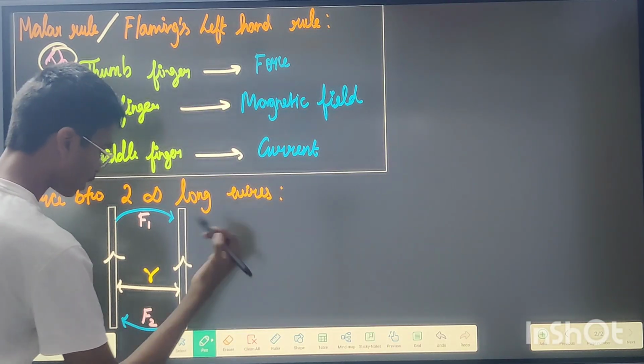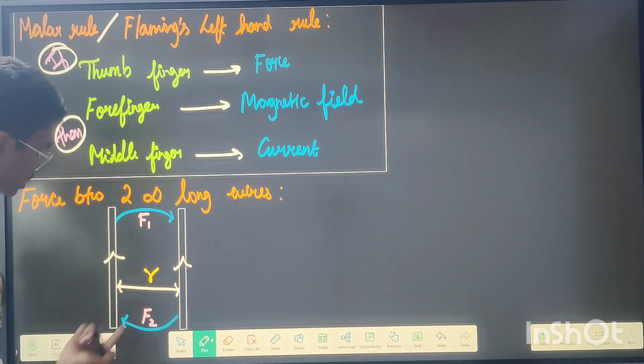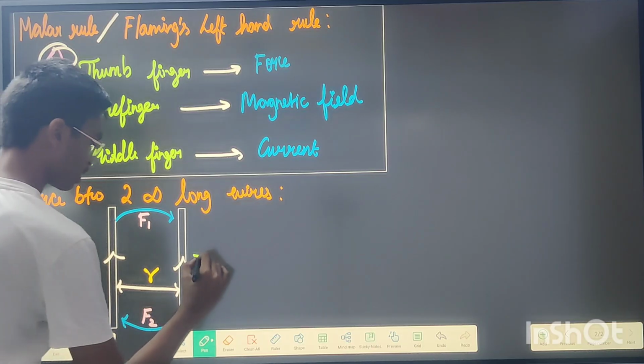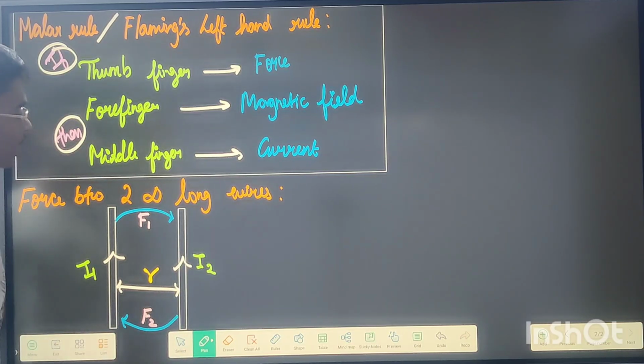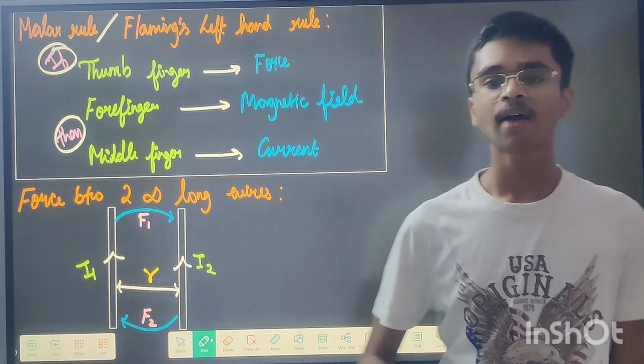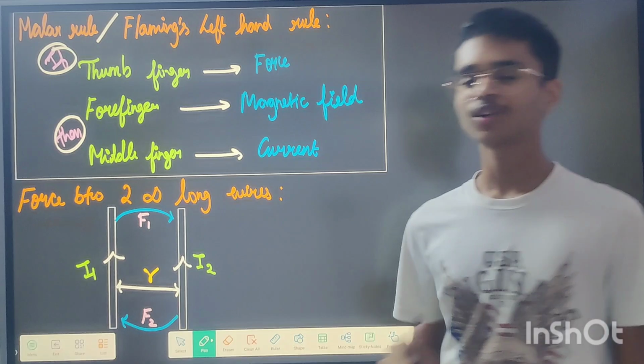Here there will be current flow, and here also, so we will represent this current flow as I1 and this one as I2. So I have given the notations that we want over here. Now we have to see just the force. Very easy.